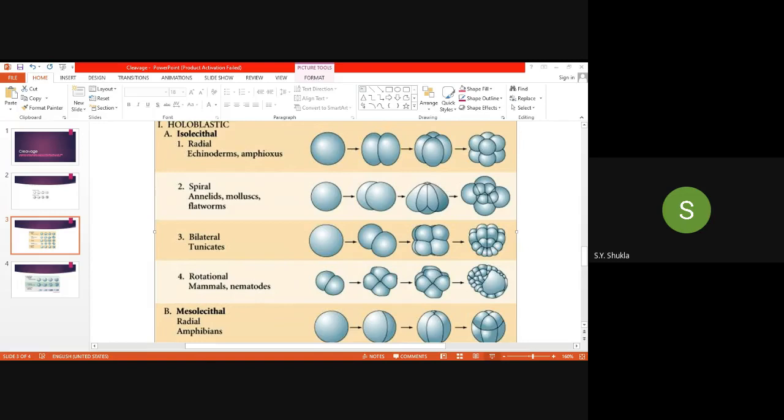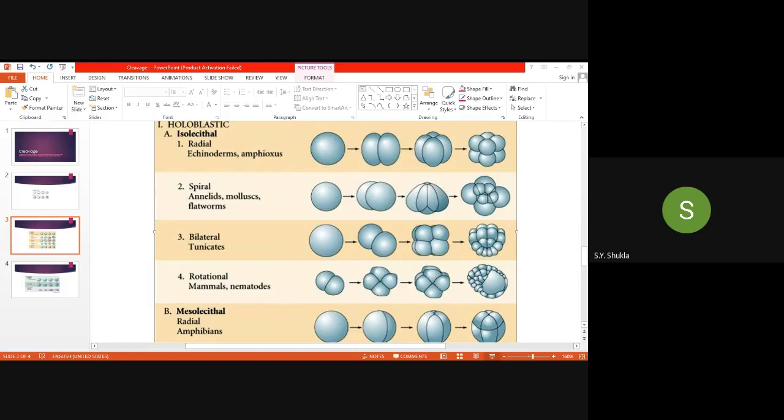Because of that this type of egg is called the isolecithal egg. In that, four types of cleavages are seen: first is the radial cleavage, second is the spiral cleavage, third is the bilateral, and fourth is the rotational one. This is the isolecithal one.